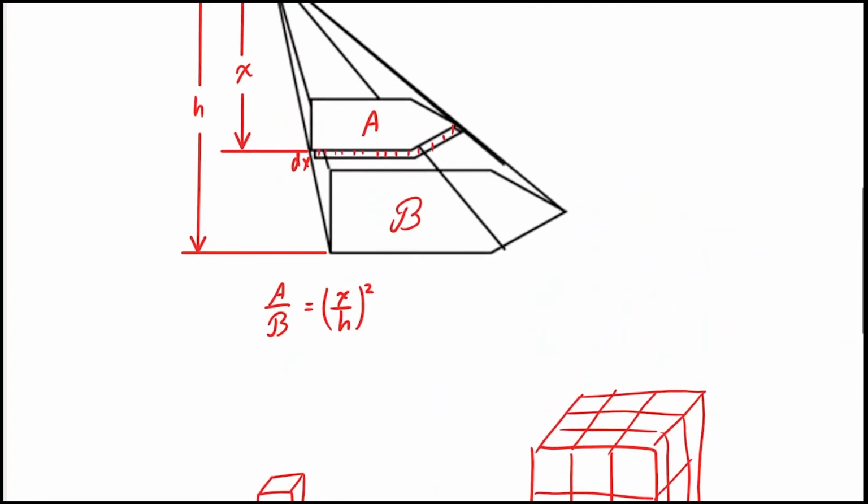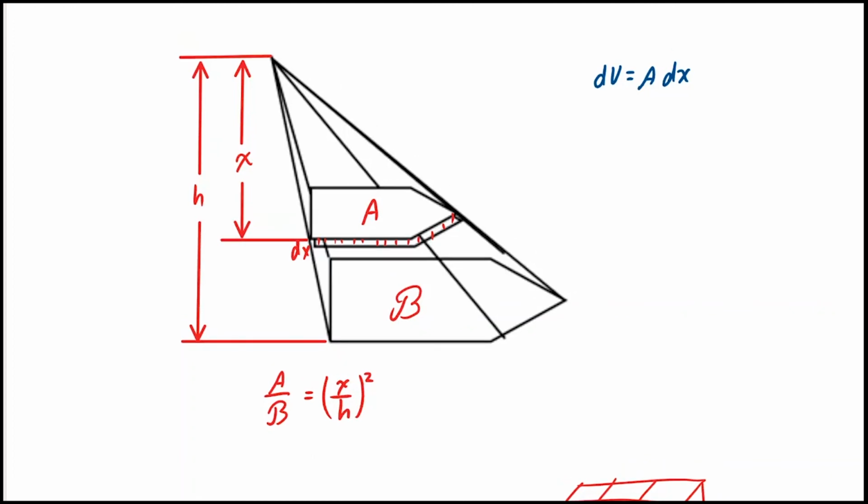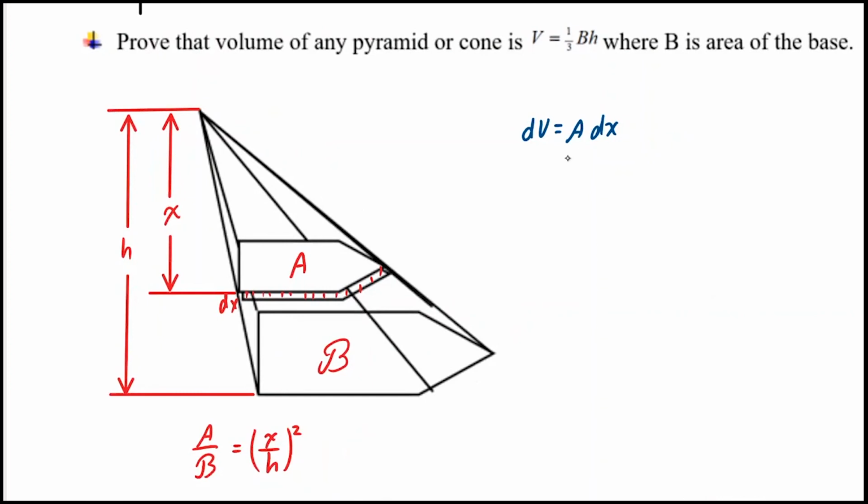Coming back here, since this is 2 dimensions to 1 dimension, we have to square the 1 dimension in order to have the dimensions match. You get this ratio? This is 7th grade math. Come on, people. Now come back here. We have this A, and now we can substitute x over h quantity squared.